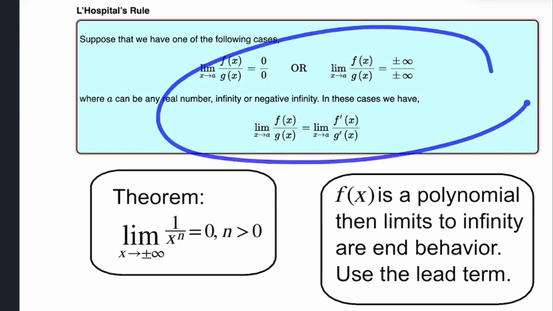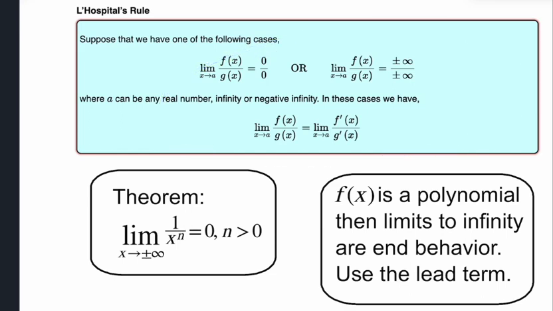This is a really cool way to verify what you're getting. Remember before, with that 0 over 0, I always say use the coefficients on the x's. Well, here, if we do derivatives, we can get it to the point where we can clearly see what the limit is. So L'Hopital's rule is going to be helpful.